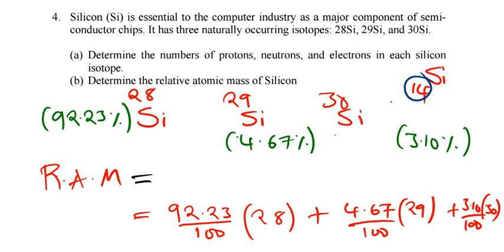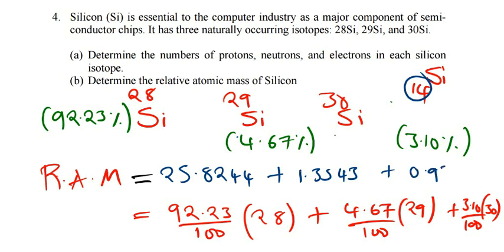So you compute now the results. Okay, so for the first part I have 25.8244 plus 1.3543 plus 0.93.